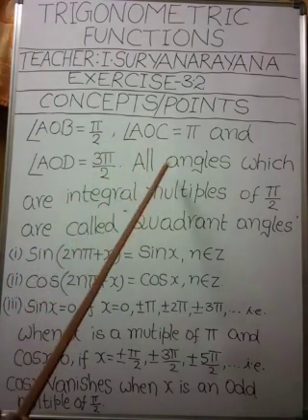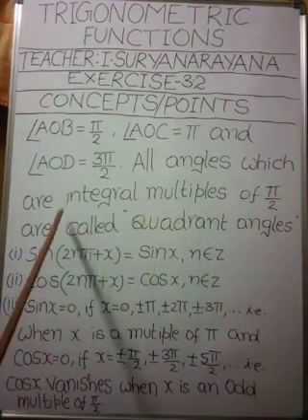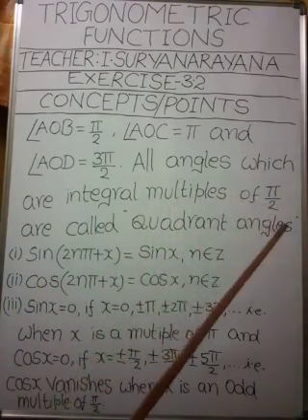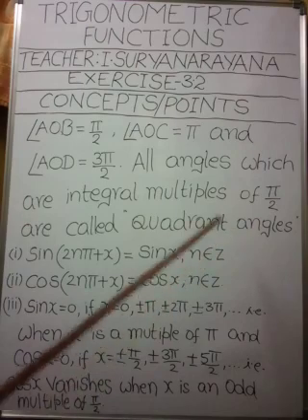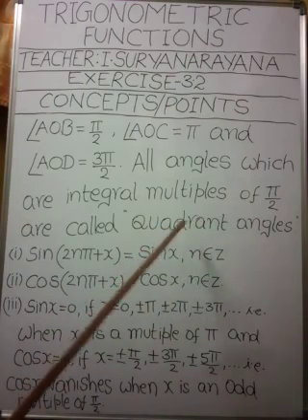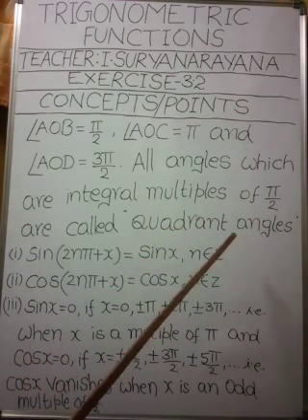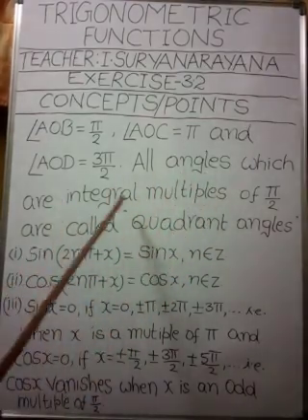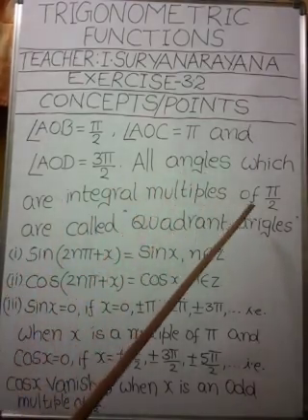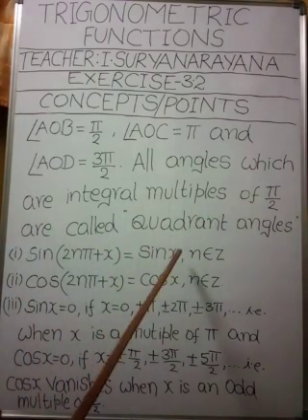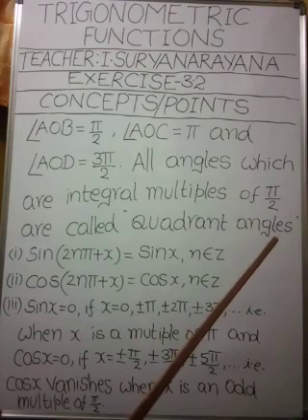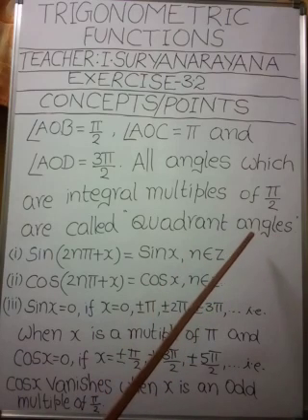All these angles which are integral multiples of pi by 2 are called quadrant angles. Remember this definition of quadrant angles, my dear children. I repeat, all the angles which are integral multiples of pi by 2 are called quadrant angles.